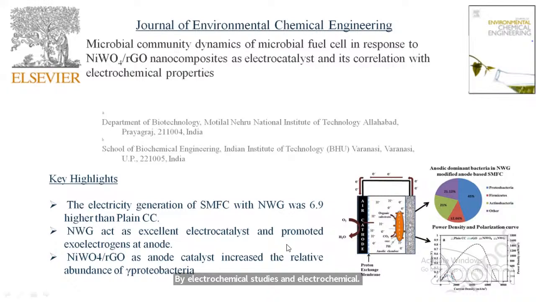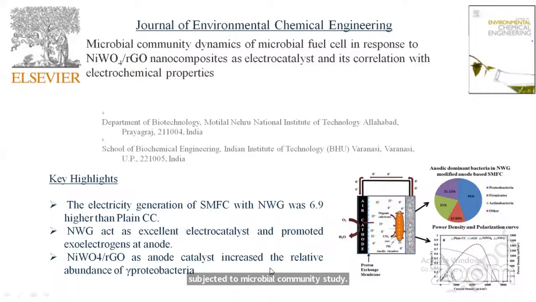But it was also found on the basis of the NGS studies, which were performed when the whole anolyte and the biofilm from the anode were taken and subjected to microbial community study.